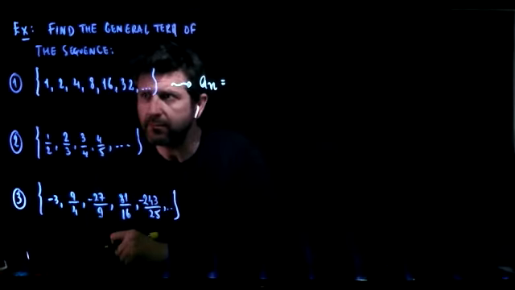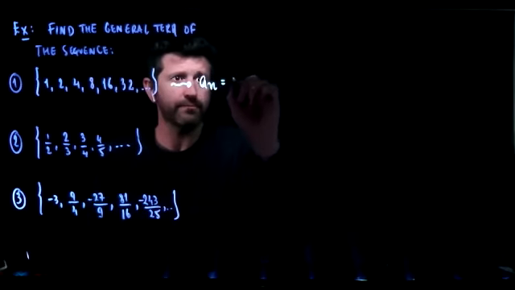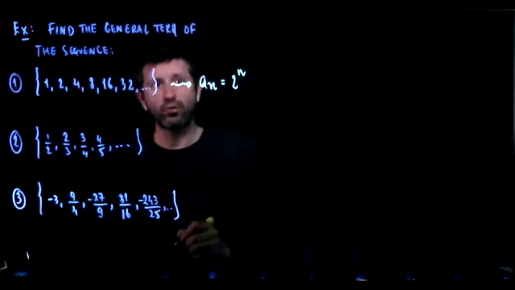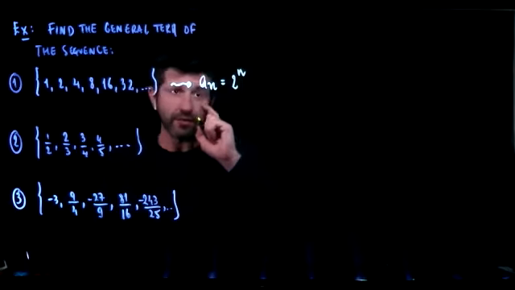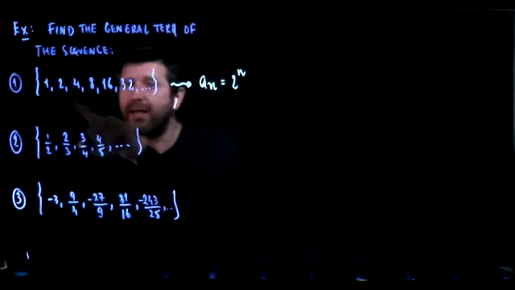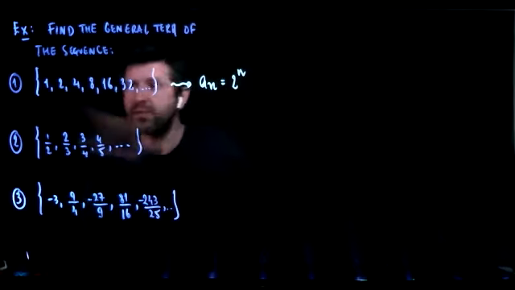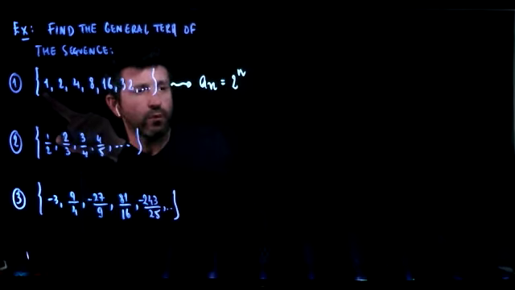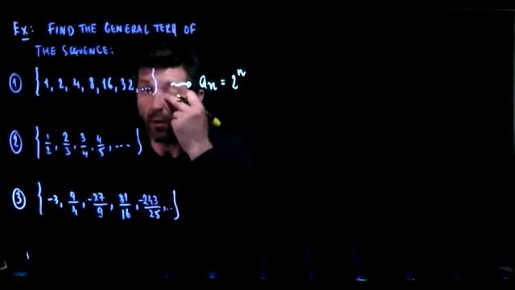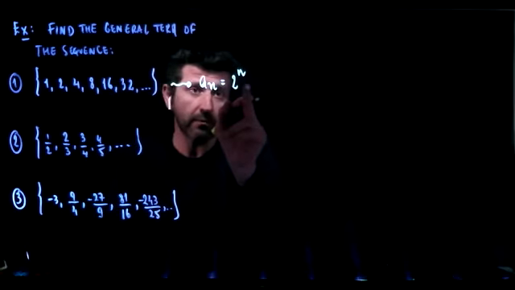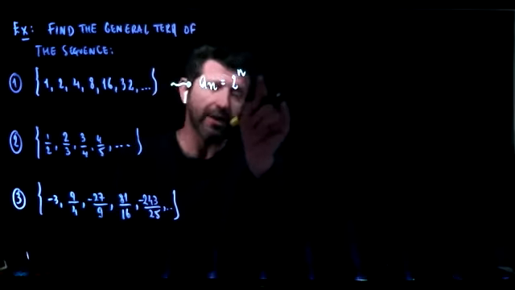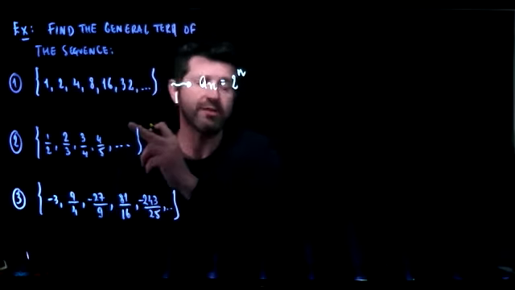Is it 2 to the power of n? Very good. 2 to the power of n, but you have to specify that n starts at 0 in this case, because 2 power 0 is 1. Or if you want to start it at 1, then you have to do 2 power n minus 1, because the first term has to be 1.